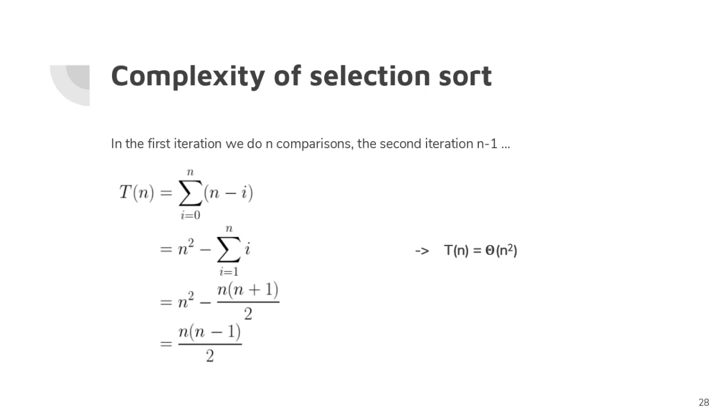We go from E equals 0 to N, and the first time you have N minus 0, then plus N minus 1, and so on. You can rewrite that expression, and it means you have to do N times N minus 1 divided by 2 steps. That defines the number of steps with the function t.